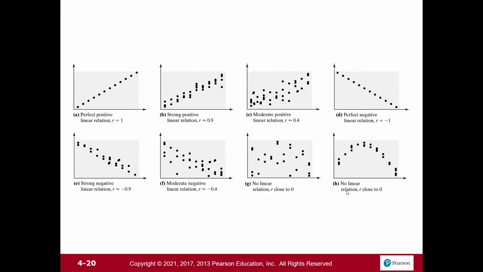Look at H. The r is close to 0, but the truth is there is a distinct pattern. This is why it's important to check. As far as linear, no, it's not linear, but it can be. The r is a little misleading, because there could very well be a pattern. It could be a nonlinear pattern.